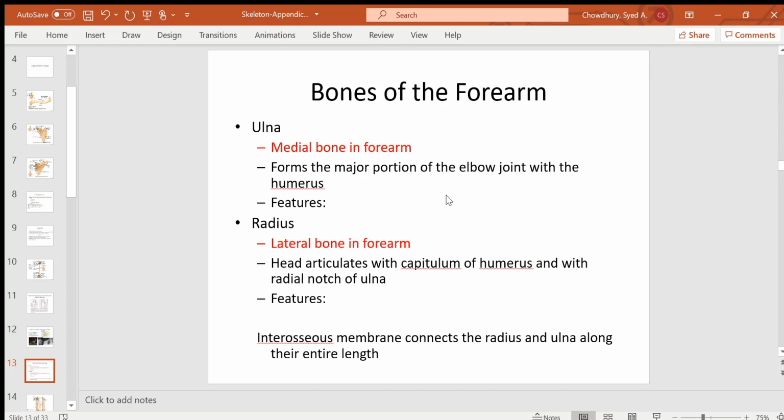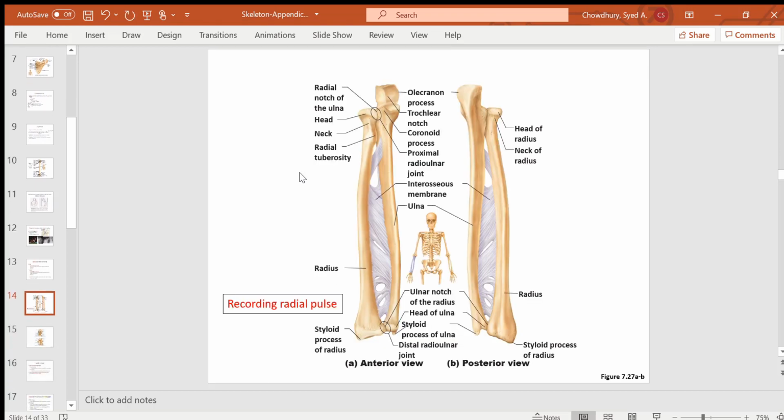Now we'll talk about the bones of the forearm. Forearm has two bones. The medial bone is the ulna and lateral bone is the radius, I already mentioned. And if we see these two bones together here, the radius and ulna are attached to each other at the upper and lower ends.